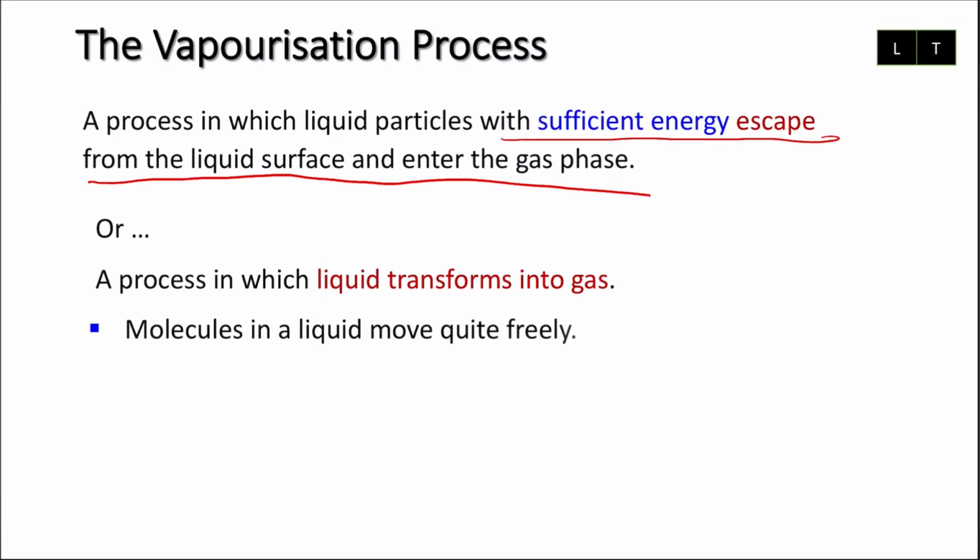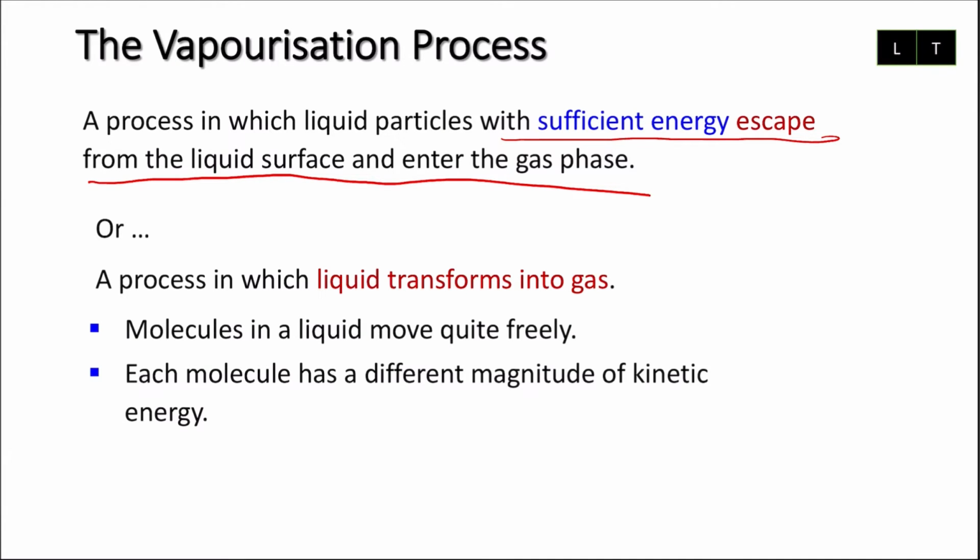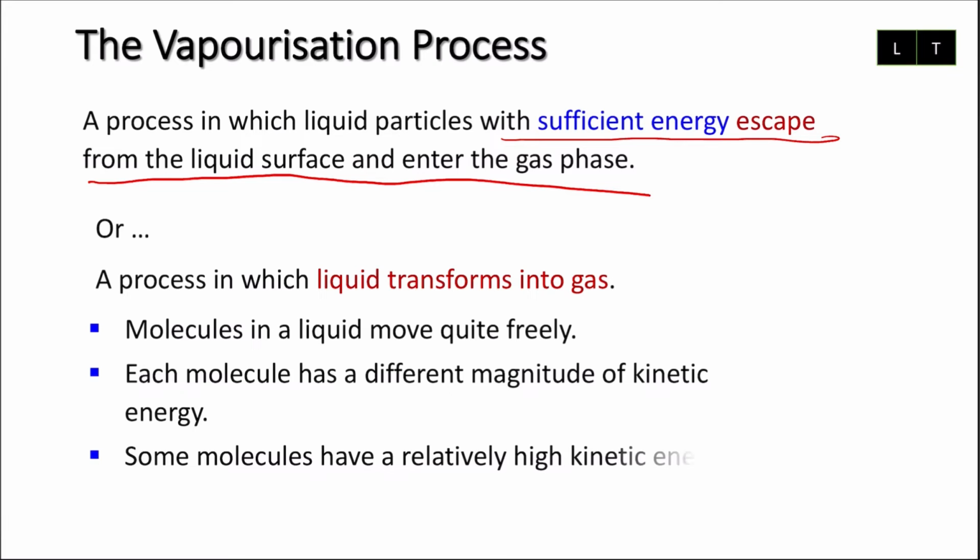So molekul dalam liquid move quite freely dan setiap molekul mempunyai direction and magnitude for the kinetic energy yang berbeza. Dan some of the molecule ada relatively high kinetic energy. Apabila high kinetic energy, maknanya dia boleh move a bit faster compared to other liquid molecules. Itu maksud relatively high kinetic energy.